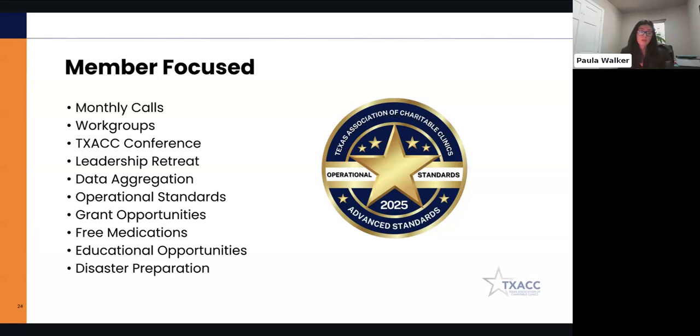And so that we can show our donors and our funders that we are offering the best care possible. And most of our clinics are gold sealed. We have some that are silver sealed, and that just gives TxAC the opportunity to help get those folks all up to gold. And so we also watch out for grant opportunities for our clinics, of course, and connect them to medications.